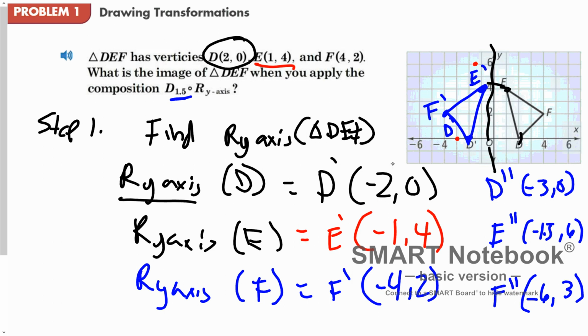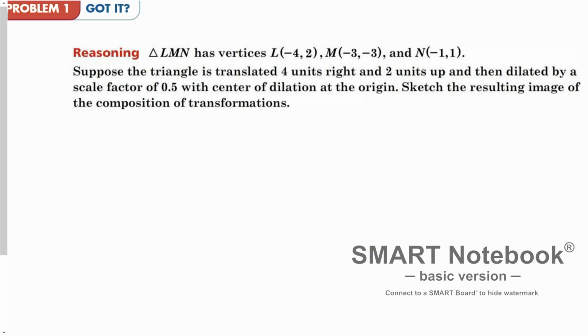And then -6, 3. So there's my final image. And that would be E double prime, because I did two transformations. I did a transformation and then a dilation, so I did two things to it. So there's your answer.